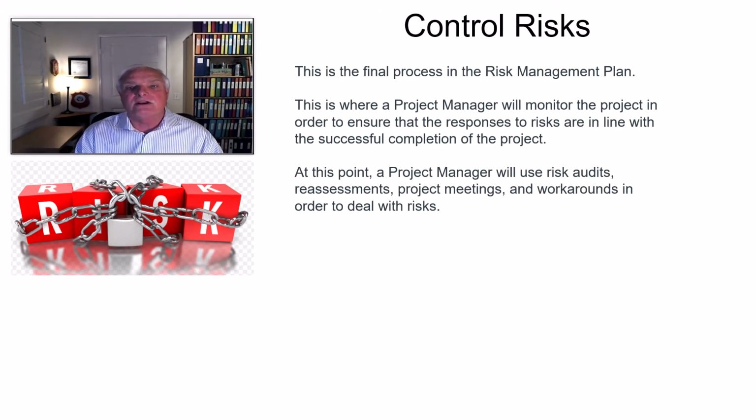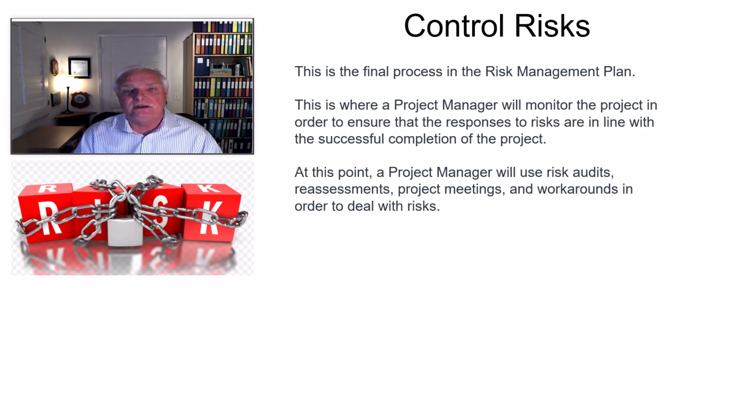Now, how do we control risks? This is probably one of the nuances that drive project managers crazy, because things happen and we're expected to react to them as quickly as we can. Unless you are monitoring risks, unless you have open communication within your organization where people give you feedback, unless you do audits, reassess, project meetings, workarounds, there's a ton of different things you can do as a project manager to really understand where the big risks are and what's happening with them.